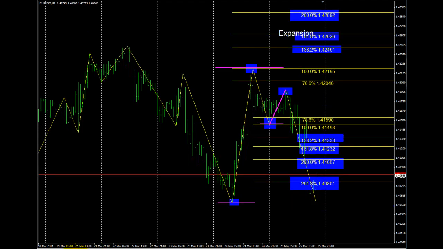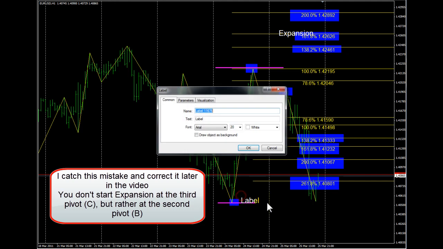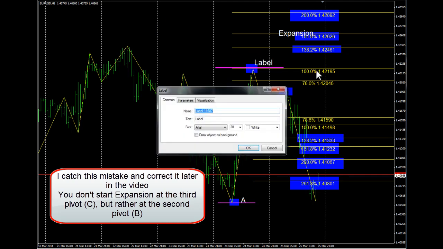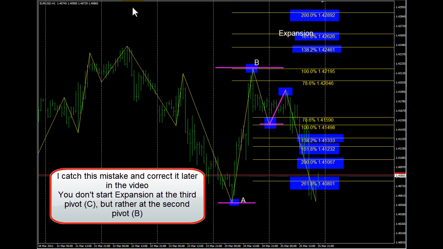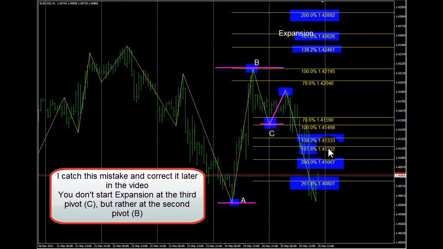In the expansions, we were expanding beyond the big and adding it to the small. In other words, let's see if I can make this even better. So if I make that A, okay, if that's pivot point A, and I make this pivot point B, and this is C, and I'm using ABC because a lot of people are familiar with the ABC pattern.